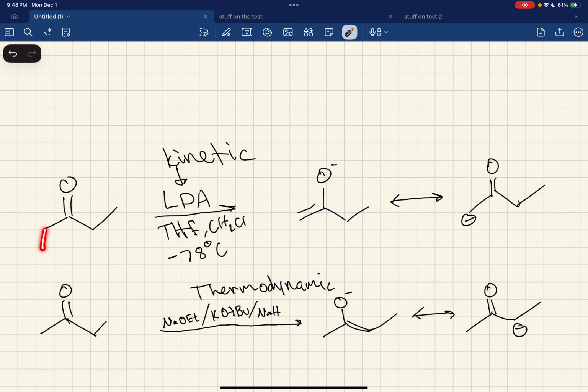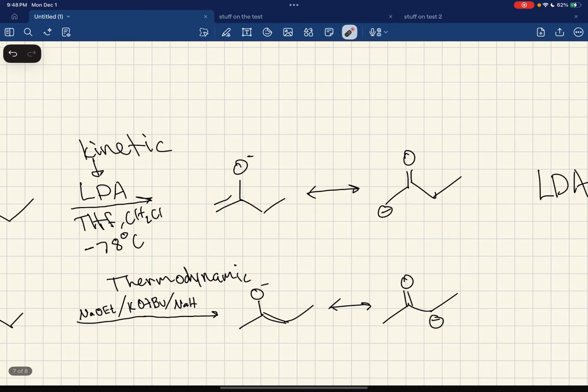So it's going to go to one of these hydrogens because they're more available sterically. And this will happen pretty quickly. So you want it at a really cold temperature to prevent this hydrogen from being removed. And then you're going to form this, which is the least substituted enolate.